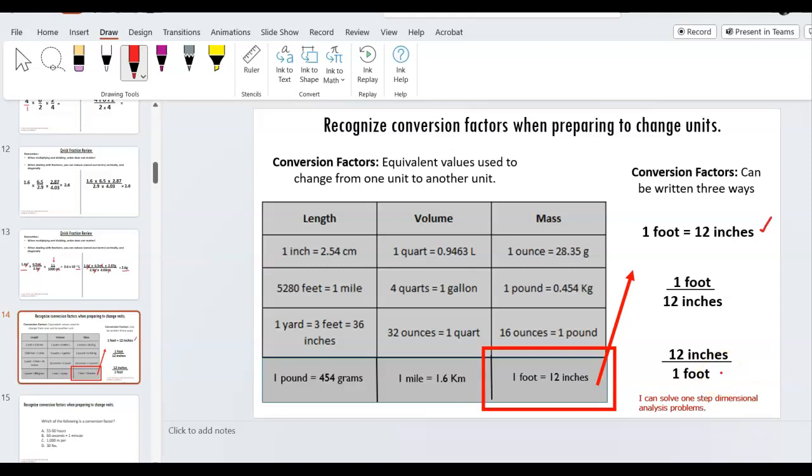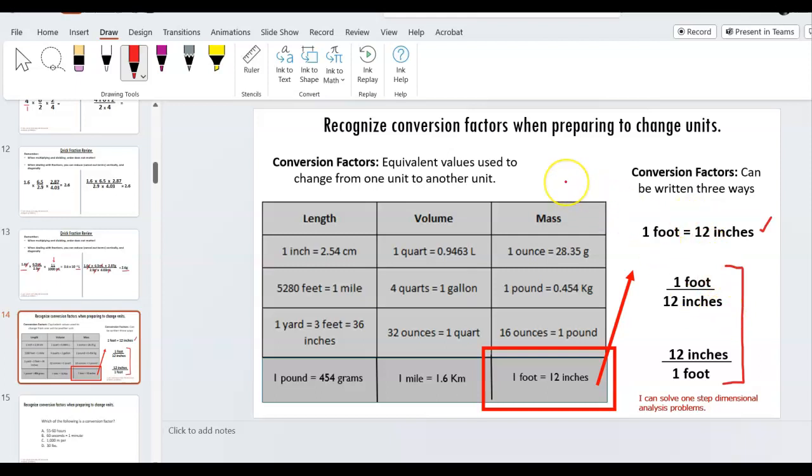We can think of it that way. And these are the two ways we're going to be able to plug it into our problems to solve. So although you could write it as an equality, we're not going to be able to plug it into our equations or our work that way. I probably shouldn't say equation because it's not an equation, but we can't plug them in that way. We have to plug them in fraction form.